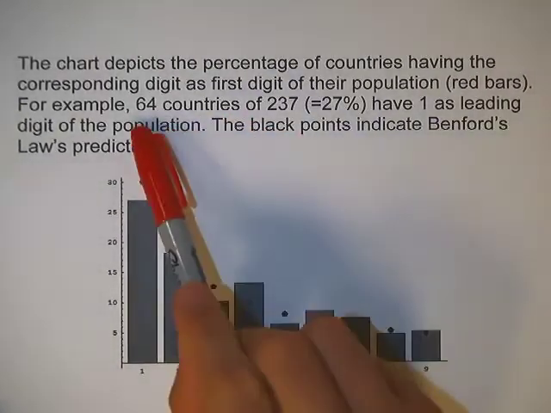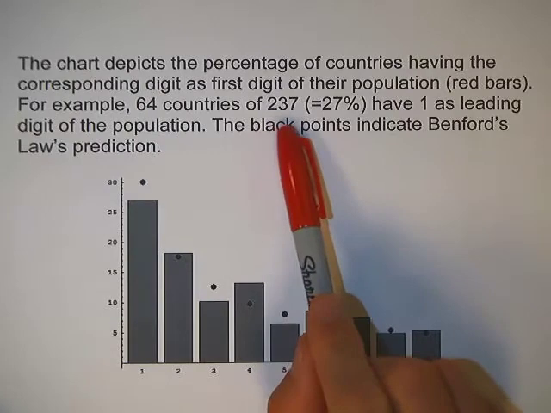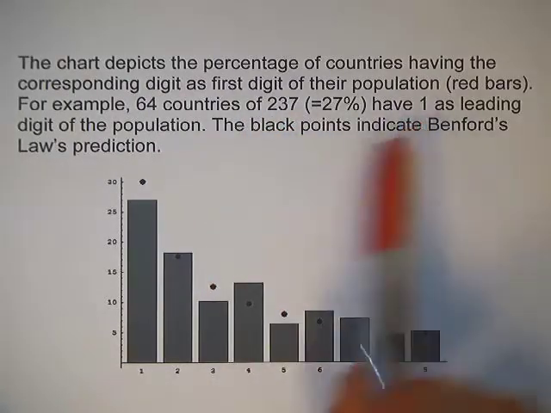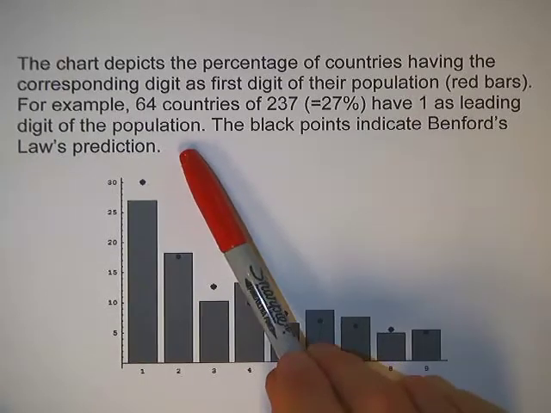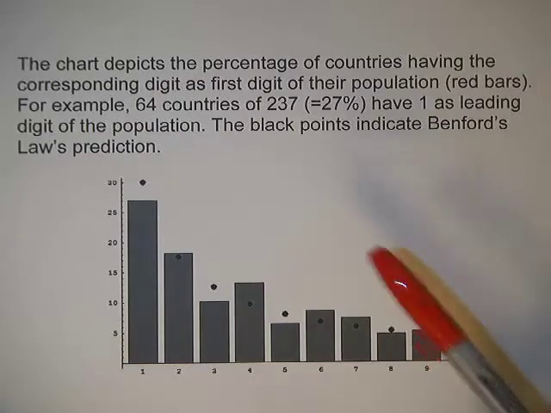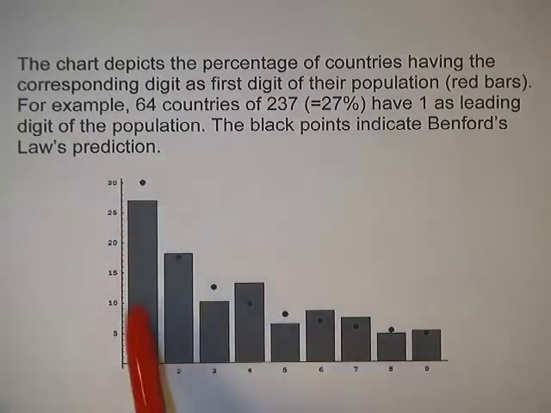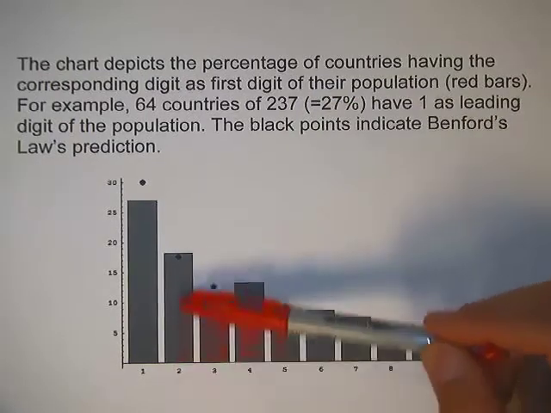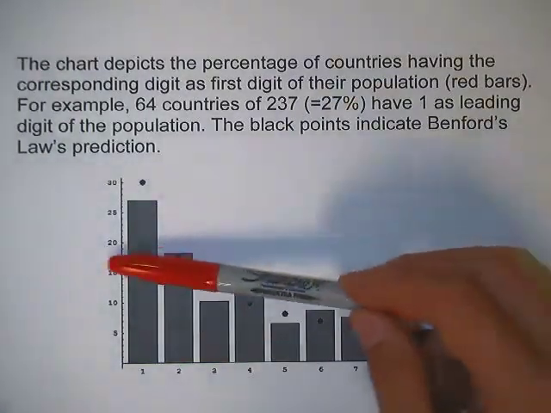So 67 out of 237 had a leading digit of 1 in their population. It might have been 17 million something. That country would be in this bar. That bar goes up to about 27. Leading digit of 2, okay, that looks to be about 18%.